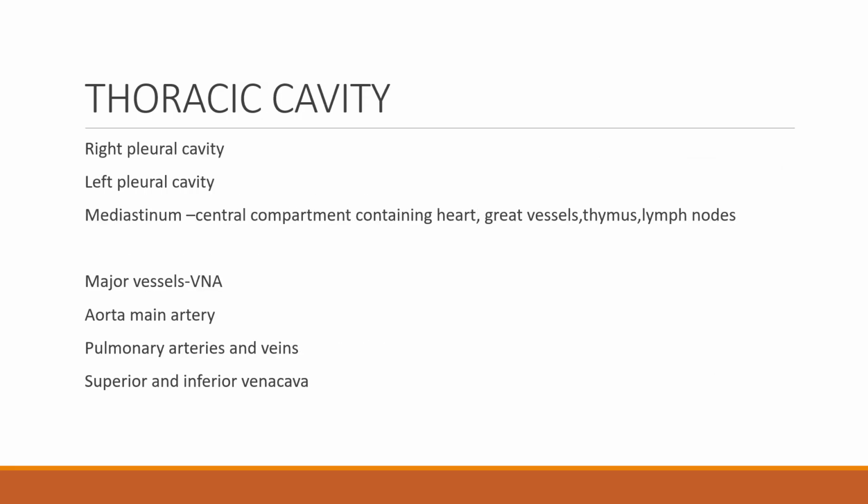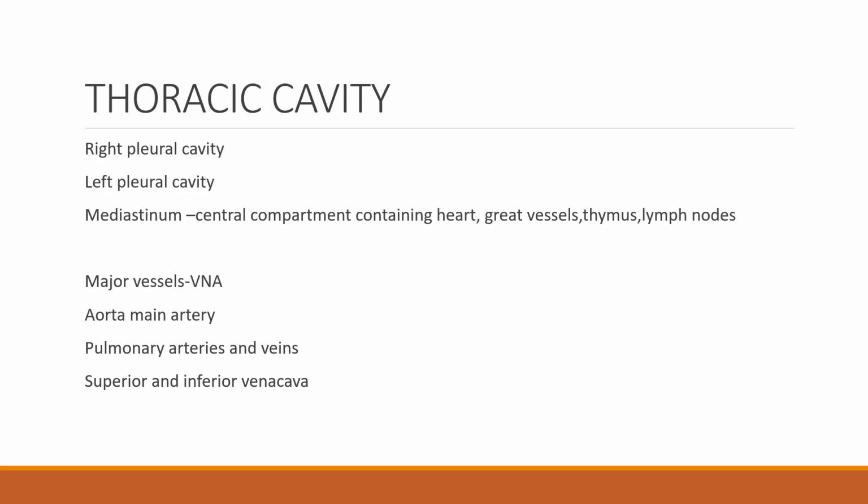Let's talk about thoracic cavity now. The thoracic cavity is divided into the right pleural cavity, majorly covering up the right lung, then the left pleural cavity covering the left lung. We have the mediastinum, which is the central compartment containing heart, great vessels, thymus, lymph nodes.